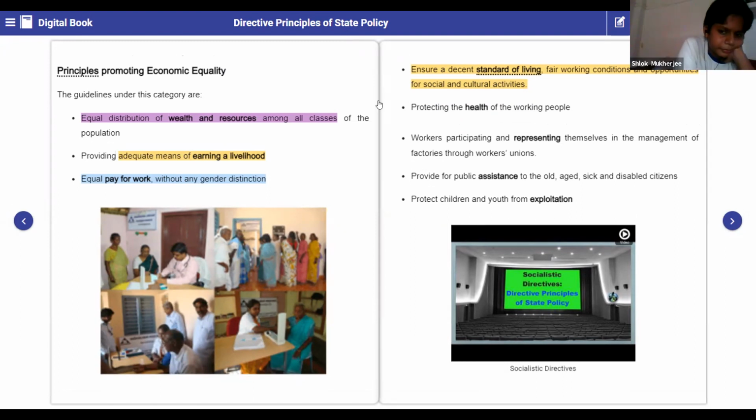Okay, protecting the health of working people. Why do you think the health of working people is important? Ma'am, because if the health is not okay, the people will not work. Okay, but why should they have mentioned working people and not general people?